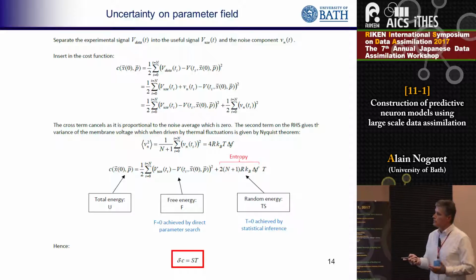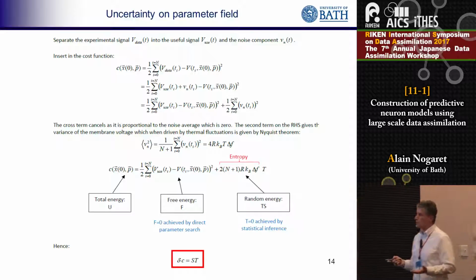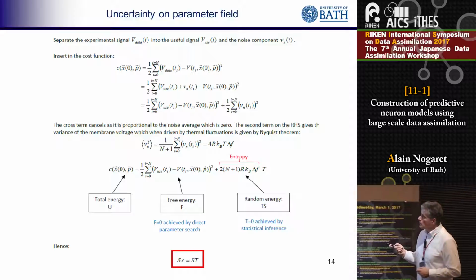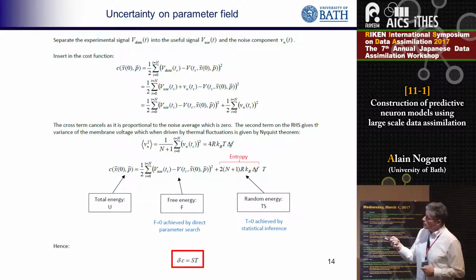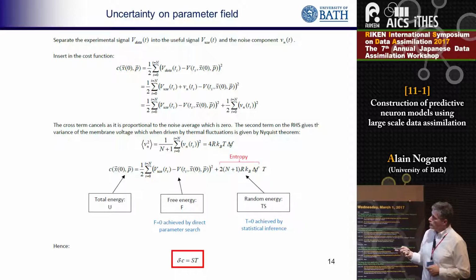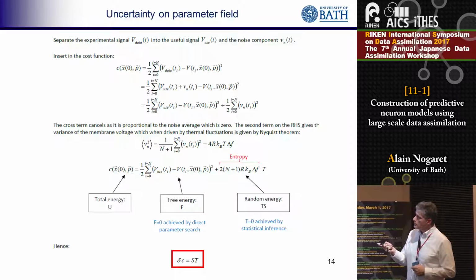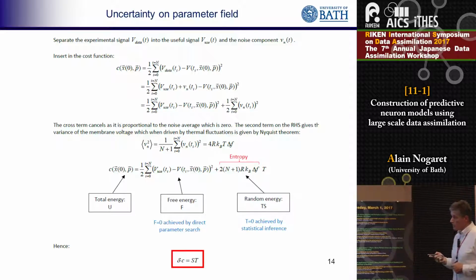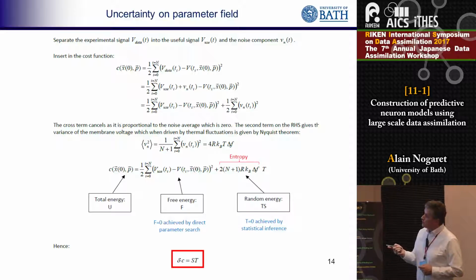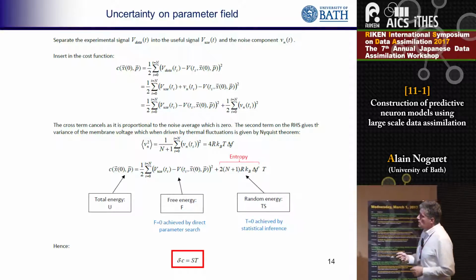This cross term cancels because it is proportional to the noise average, which is 0. So what we are left with is the sum of the squares of the noise voltage. Essentially this recalls the variance of the noise, and you can use the result of the Johnson-Nyquist theorem to recall that this is proportional to the temperature multiplied by the Boltzmann constant, multiplied by the resistance of the neuron, multiplied by the bandwidth of the system.